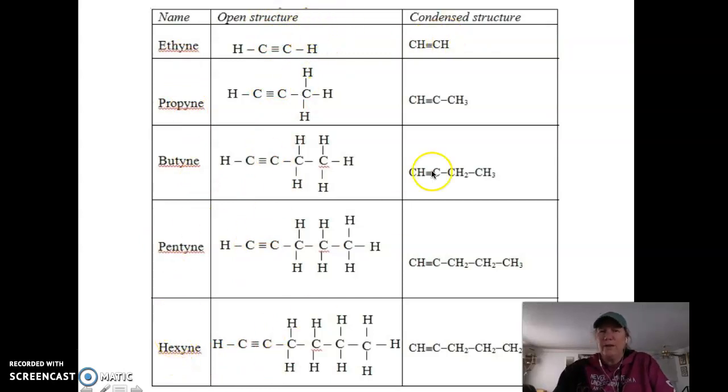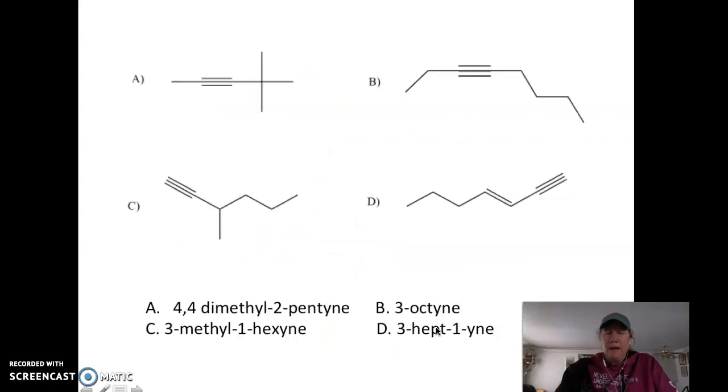And I have both the open structure, or the Lewis structure, and the condensed structure. You can see both of them. Okay. If I'm looking at these, I have 1, 2, 3, 4, 5. You can go 1, 2, 3, 4, 5 this way too. I mean, it's 5 no matter which way you go.